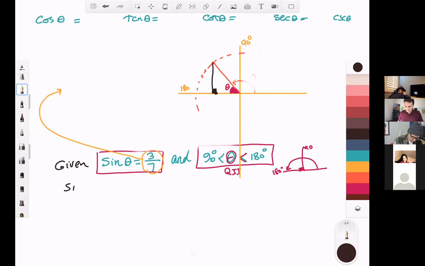Sine of theta equal to 3/7. We learned on the right triangle, sine of theta is opposite over hypotenuse.